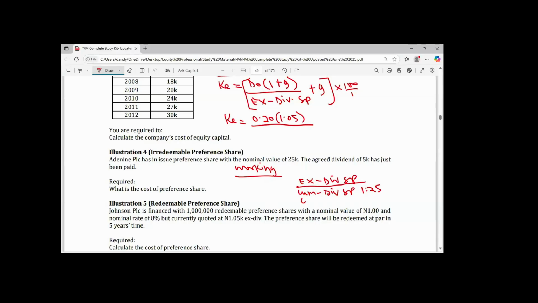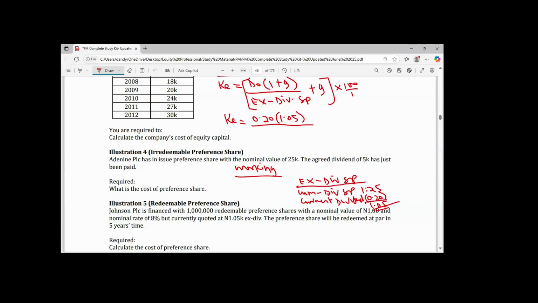Then I will less the current dividend of 0.20. The difference will give me 1.05. So that 1.05 is the ex-div share price.